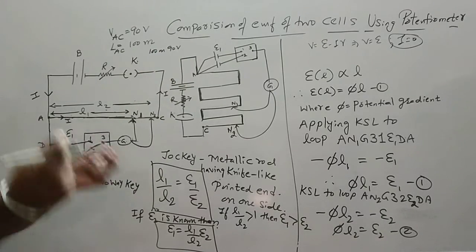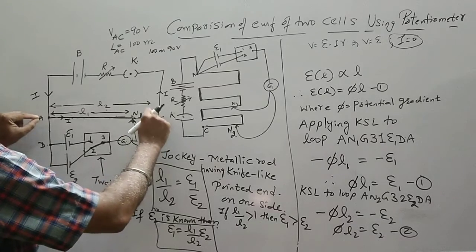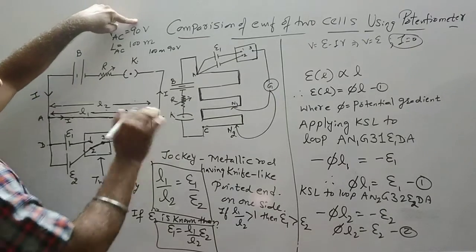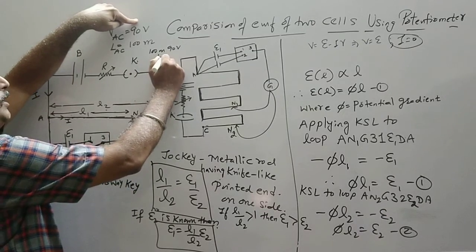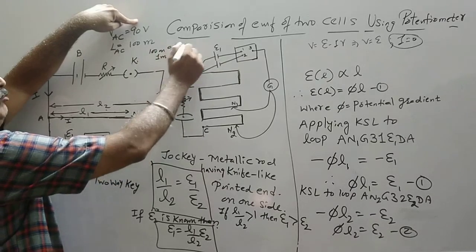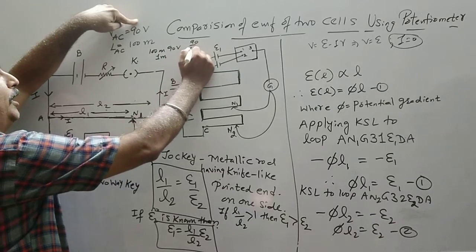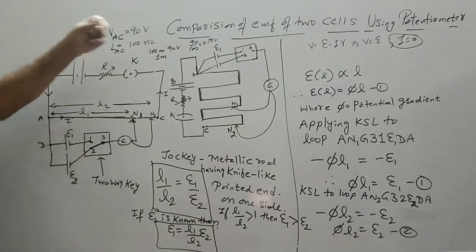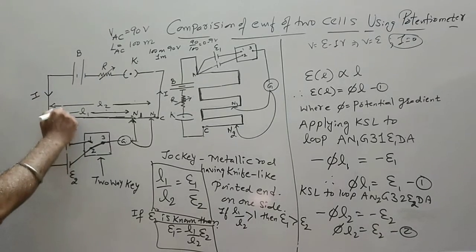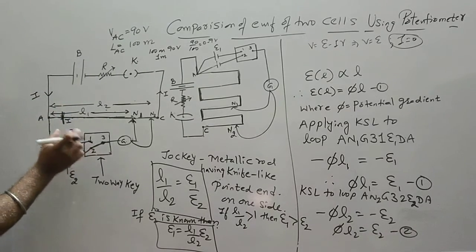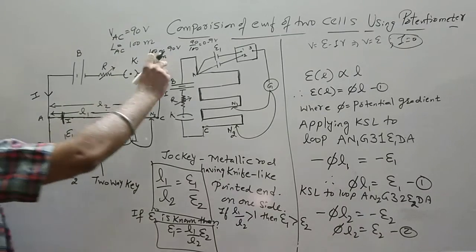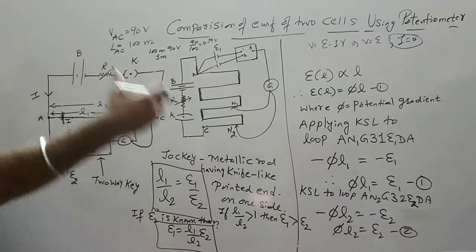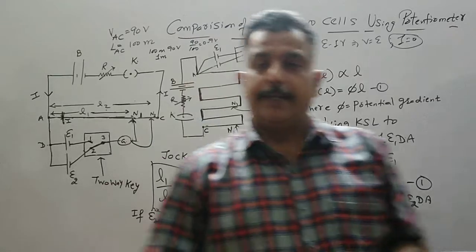So if I connect a device at the AC points, I will get a potential difference of 90 volt. So I will first find out the potential gradient, that is for 1 meter. 100 meter has 90 volt, so 1 meter will have 90 upon 100, that is 0.9 volt. Now suppose I need only 0.9 volt, I will connect whatever device we have at a distance of 1 meter. So 1 meter will give me 0.9, 2 meter will give me 1.8 volt, like this.